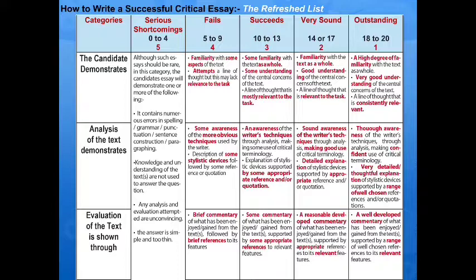Familiarity with some aspects of the text. Because really, it's not much different from 4 and 3, except the adjective some. And there's something you should maybe know about that. That's a real serious borderline between 4 and 3. One marker reading your essay might say, yeah, okay, I'll pass that one.